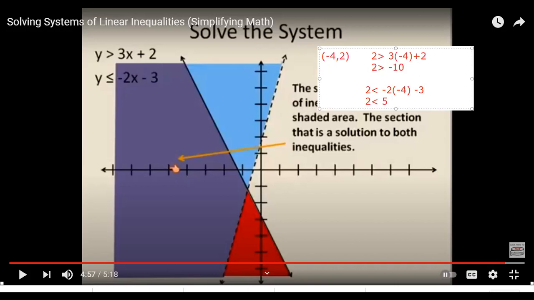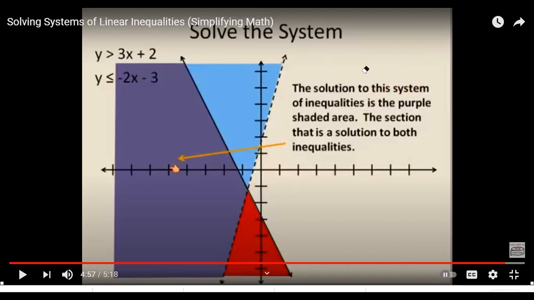Is this inequality correct? Yes. So once we find any ordered pair related to the common region, the purple region, it will satisfy both inequalities, and that means it is a solution for this system of inequalities.